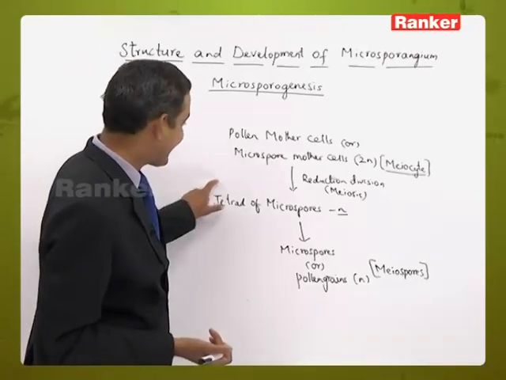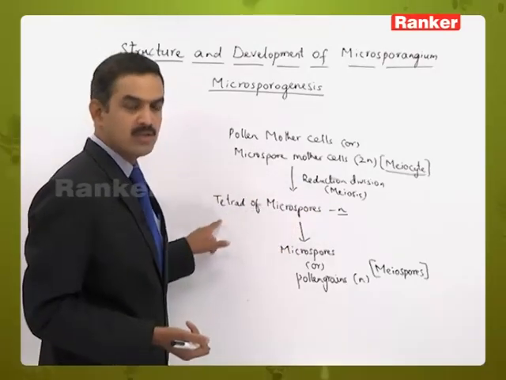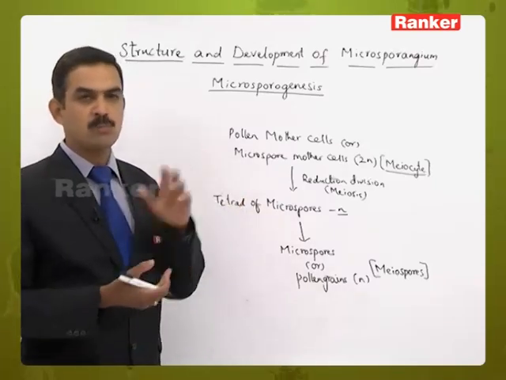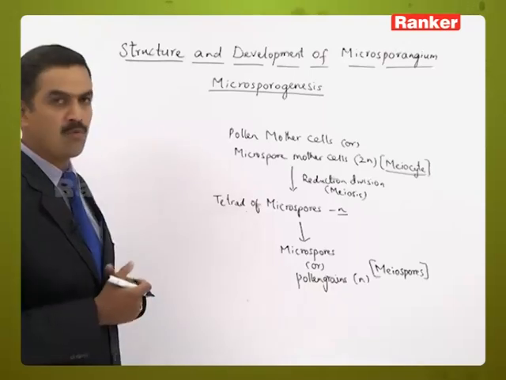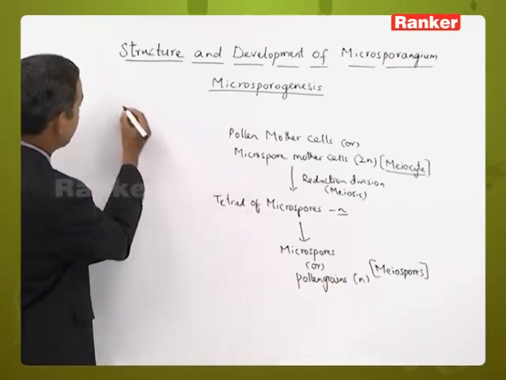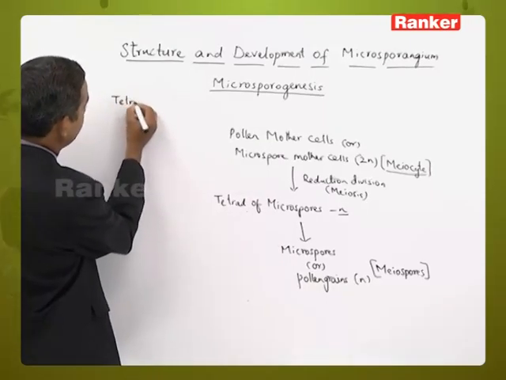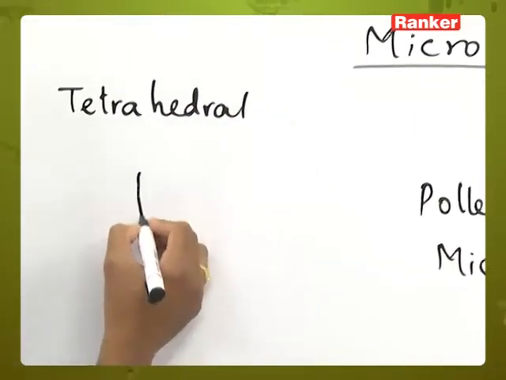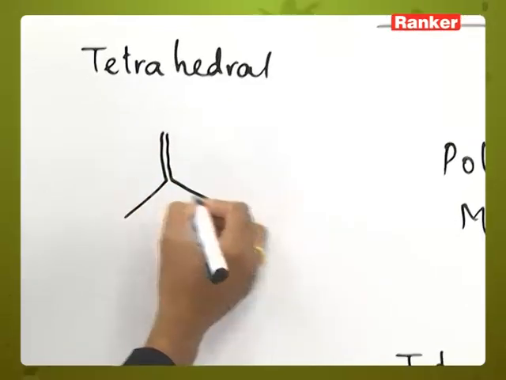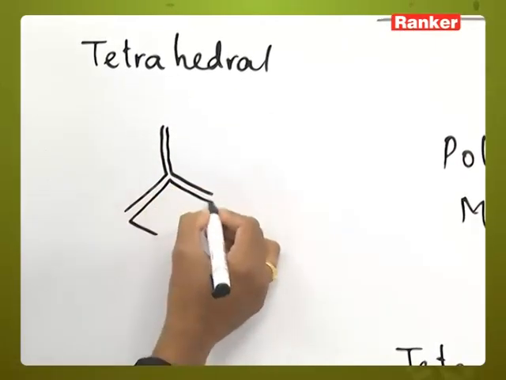And as I said, the tetrad of microspores is present. So in which manner are these microspores arranged inside the tetrad? Let's see that in the form of diagrams here. So one is tetrahedral. In the tetrahedral form, the cells which have been divided will be arranged in this manner.